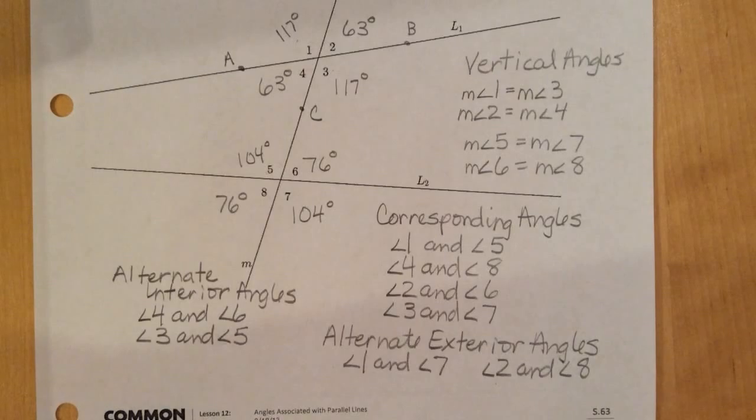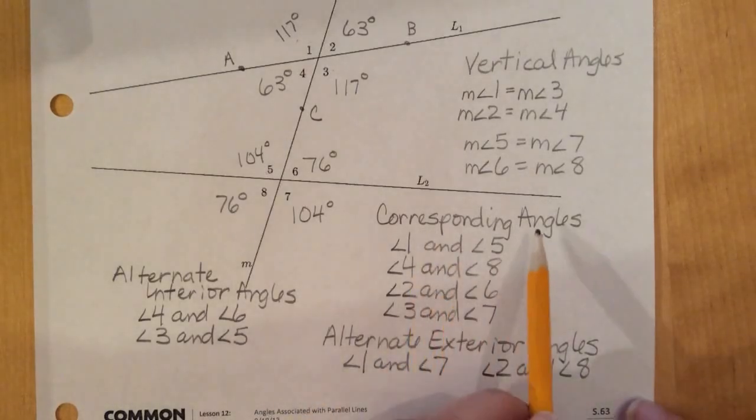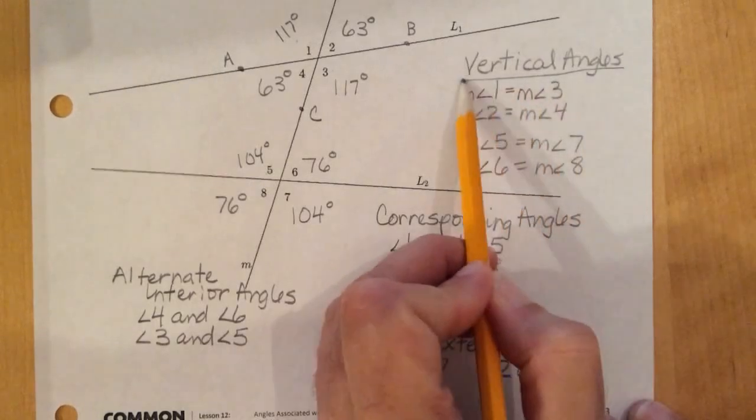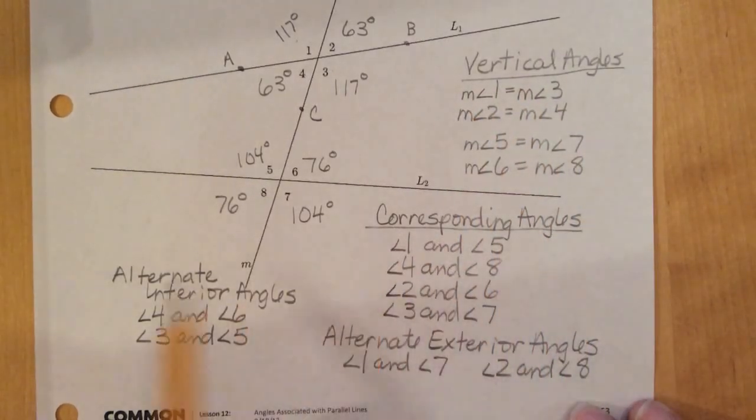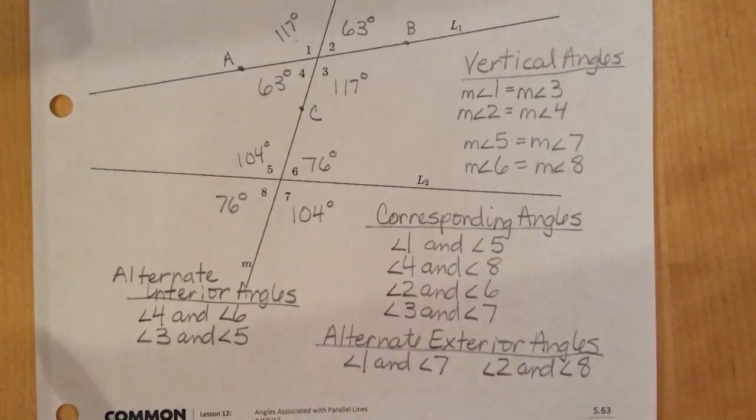So if you've not had this vocabulary before, you're going to want to know what we're talking about when we talk about vertical angles, corresponding angles, alternate interior, and alternate exterior. And you should be able to find those on your diagram.